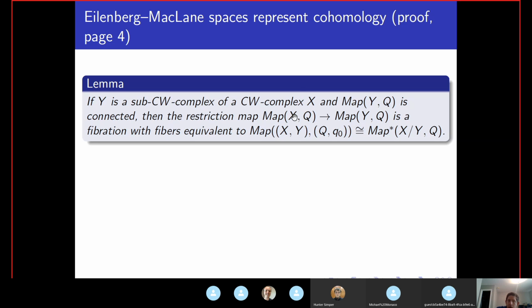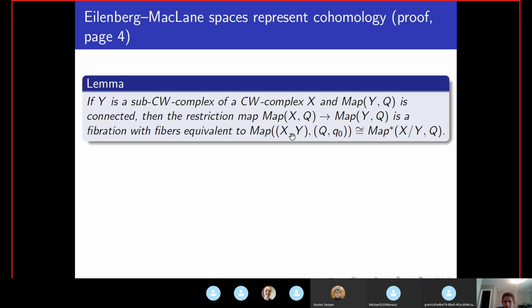If you have a map from X to Q and Y is a subcomplex of X, you can restrict and get a map from Y to Q. The claim is that this restriction map is a fibration, and fibers are equivalent to maps from the pair (X, Y) into Q rel base point, which is exactly the same thing as based maps from the quotient.